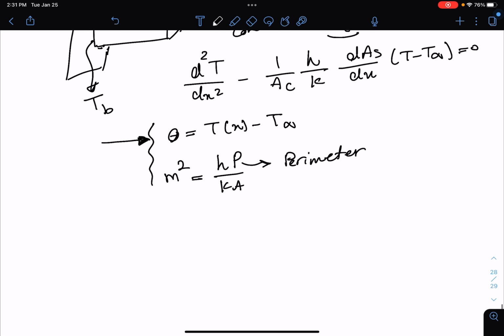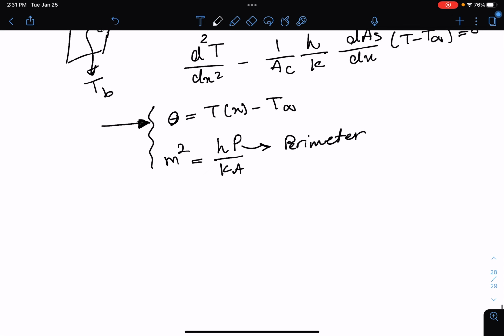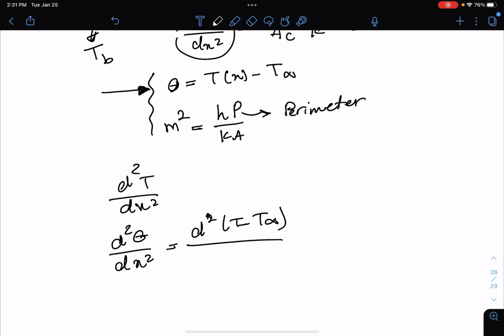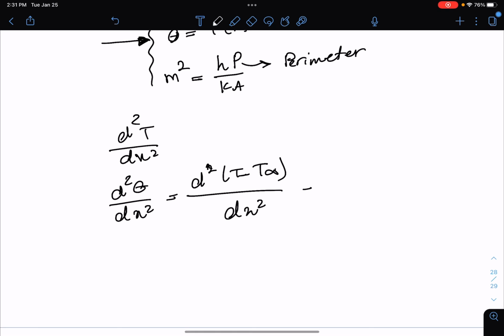How is this going to change our governing equation? Let's look at this. We want to find d squared theta over dx squared. We said theta is T minus T infinity, so d squared theta dx squared is going to be equal to d squared T dx squared minus d squared T infinity dx squared.